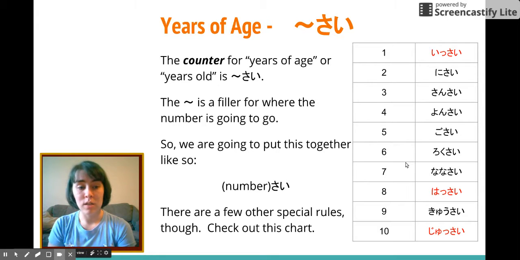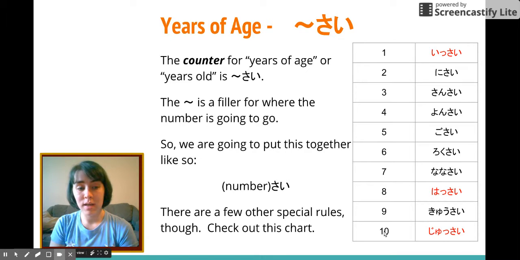And they're the only ones that do that. And that chi becomes a double S sound. Issai, hassai. And 10 is jusai. That ju doesn't end with chi. You'll just have to remember that ju is jusai.